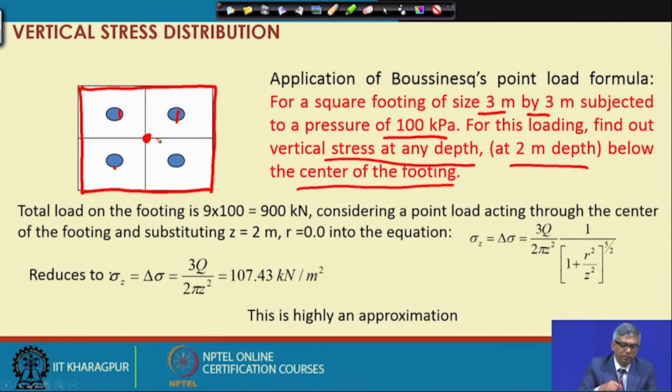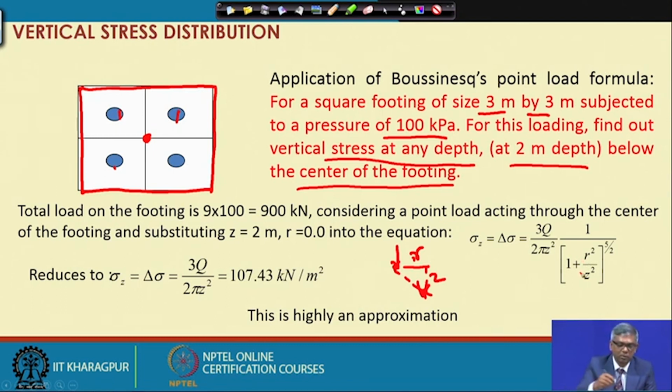Since our Boussinesq formula is as shown like this, I apply load here and at a radial distance, this is r and this is z, and at this point we find out the stress. But now if the radial distance becomes 0, I can still use this equation, r can be 0.